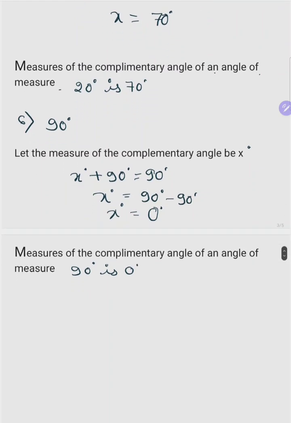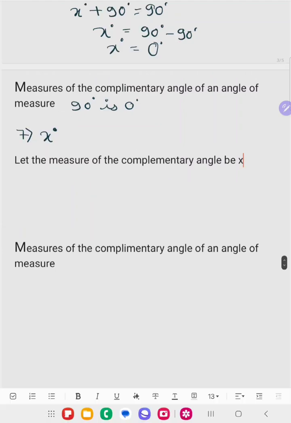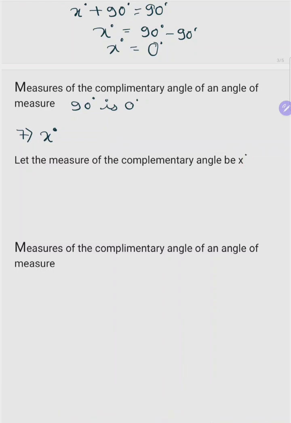And the last one is which? x degree. Here let the measure of the complement angle be x degree. So how is it right? Here the complementary angle of the one angle taken is a degree. Already x degree is there, na?